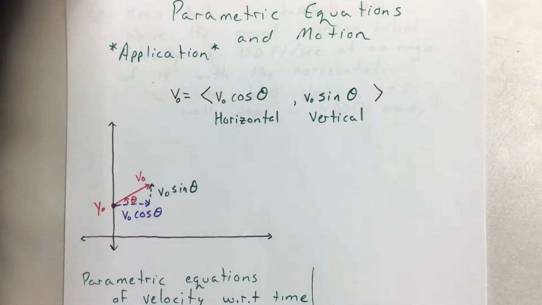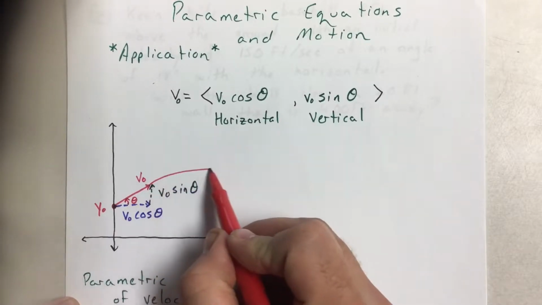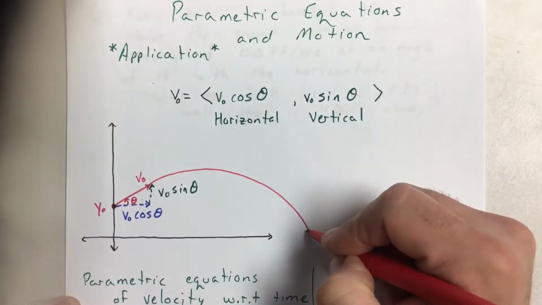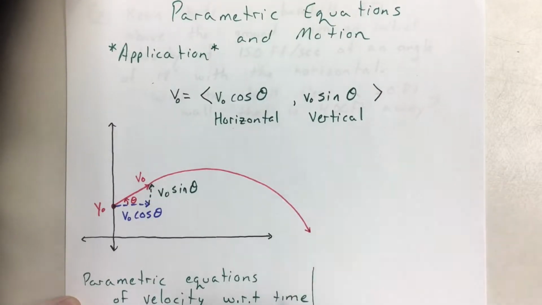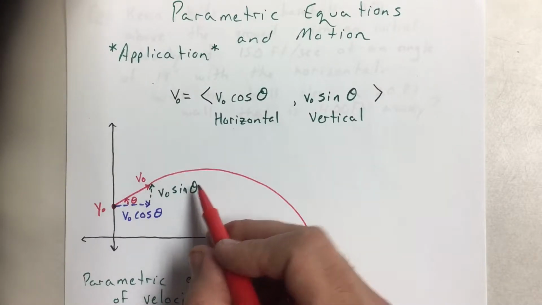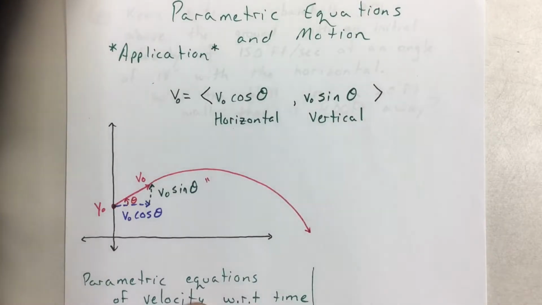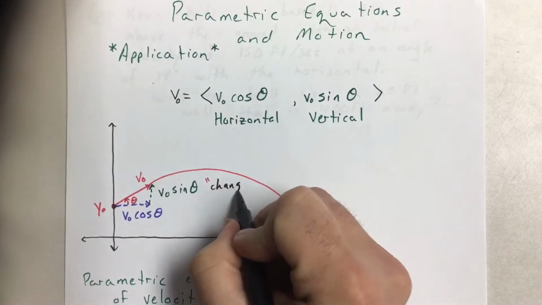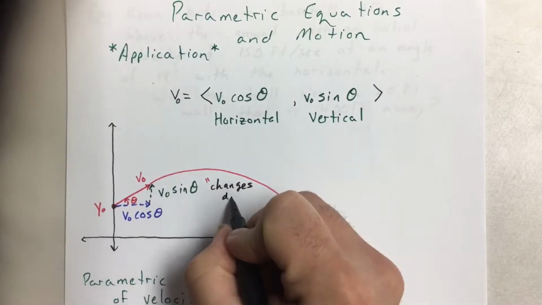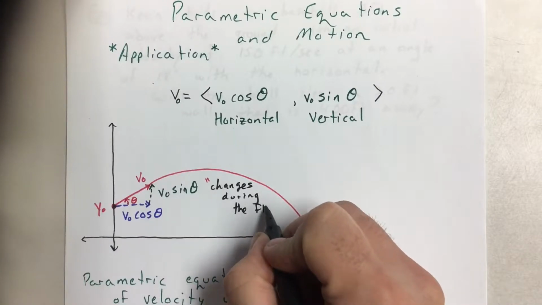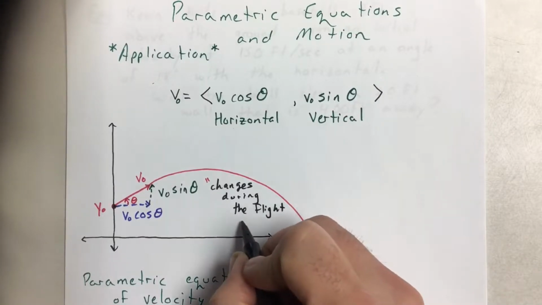During the path of this object, as it is moving through the air, we understand it's going to be a parabola, with our understanding of motion of objects. The vertical component changes during the flight due to gravity.